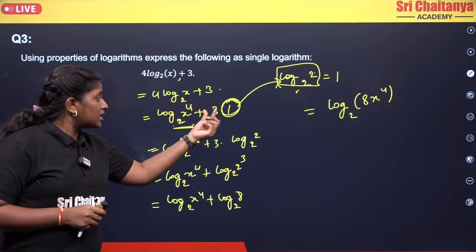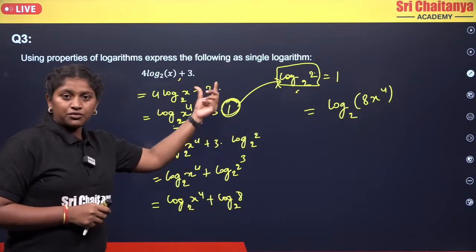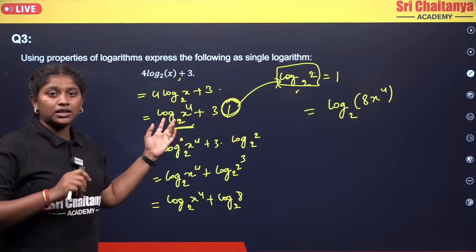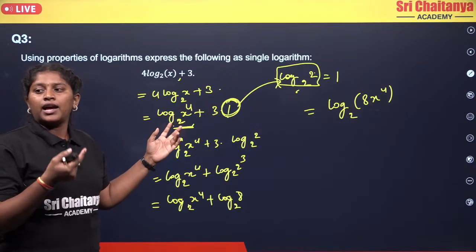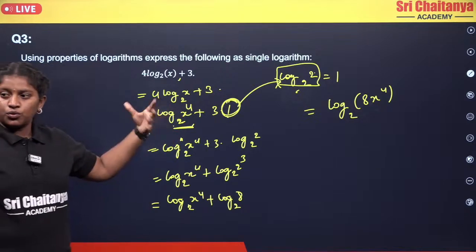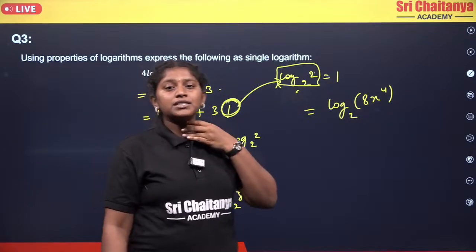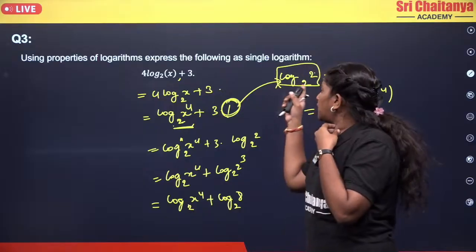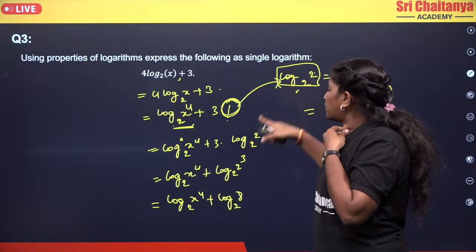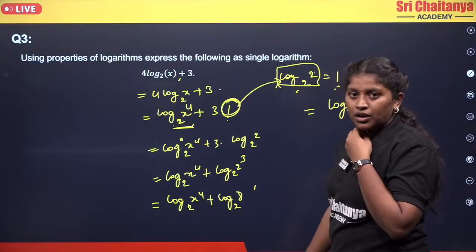So how can we, just taking 3 into 1 will give you 3, right? But in the place of 1 you have to write the logarithm that you are already having in that expression. So coming to here, we are having the log to the base 2. So we know that if you are having your base and your exponent value same, then you will get the value as the 1. So that's the reason in the place of 1 we are going to use log 2 to the base 2.